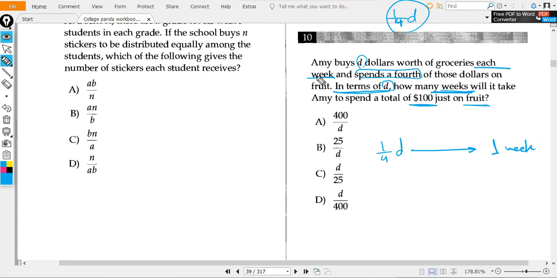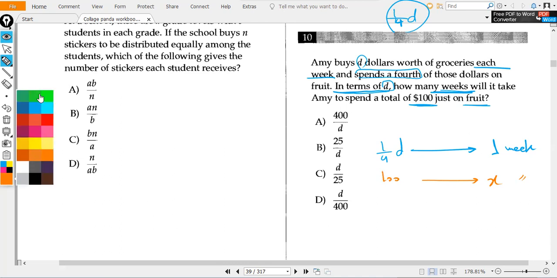Each week we spend 1/4 of D. Now, how many weeks will we need to spend $100?